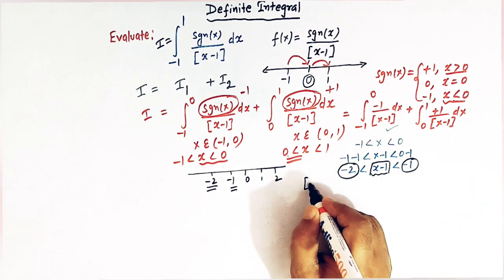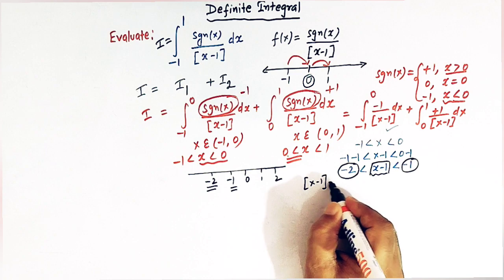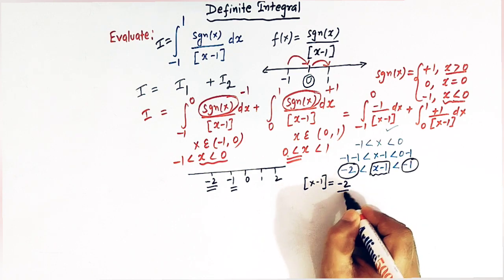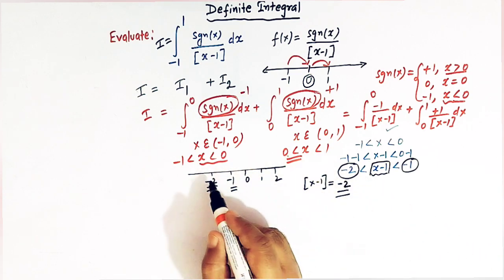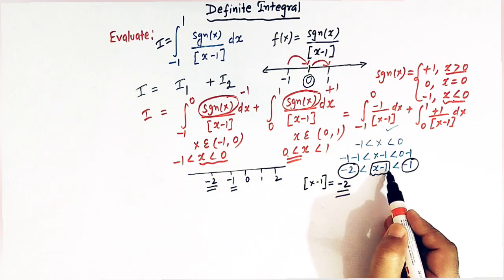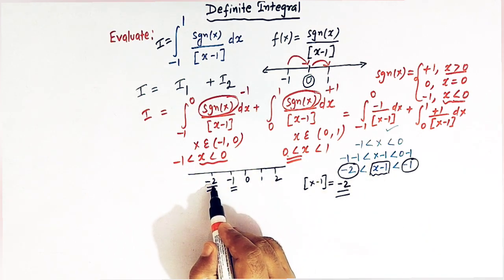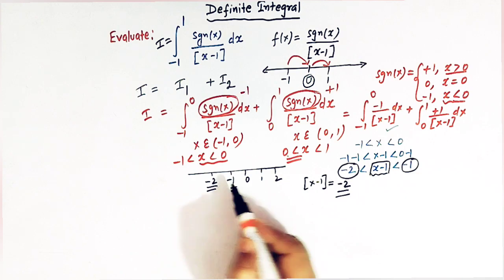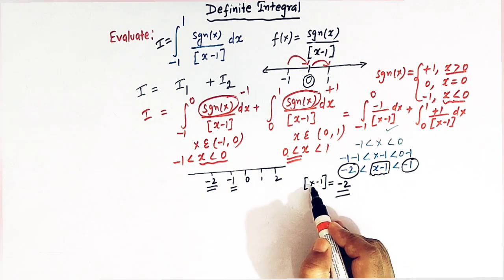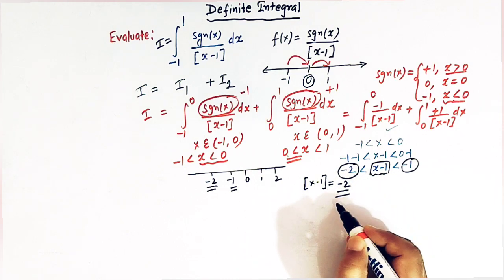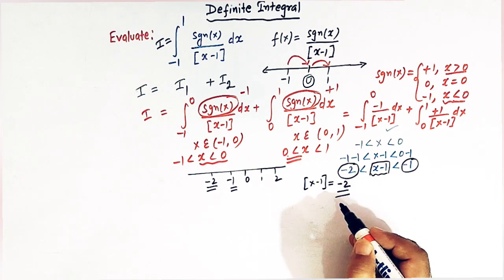So the greatest integer of x minus 1 should be equal to minus 2, right? So whatever value of x minus 1 which lies between minus 2 and minus 1, the greatest integer of that value, that is x minus 1, should be equal to minus 2, right?